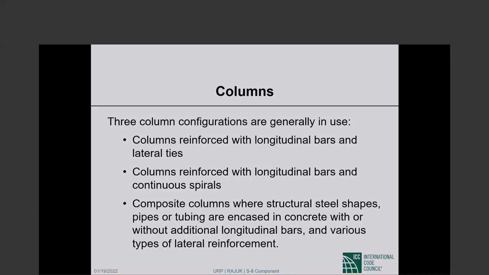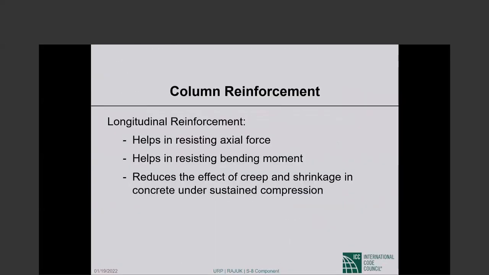That's where these composite columns are properly treated. ACI has some provisions, but I do not believe that they are all that sufficient. And lately, we have deleted composite columns from 318, leaving it for AISC 360 to cover. So reinforced concrete columns typically would be a tied column or a spirally reinforced column.